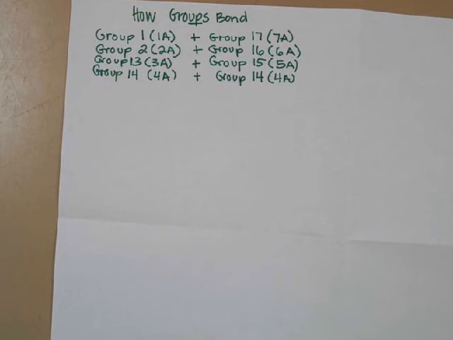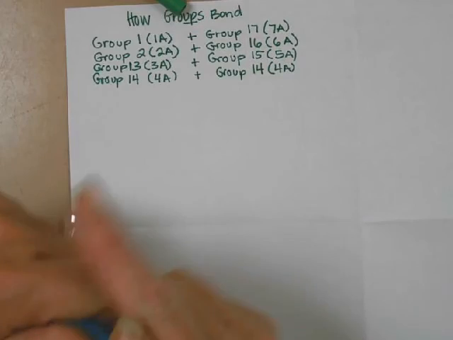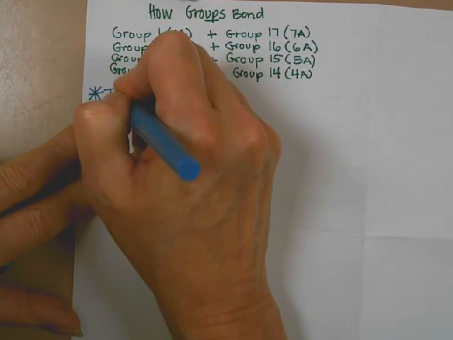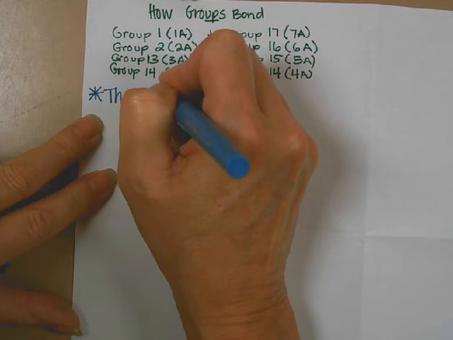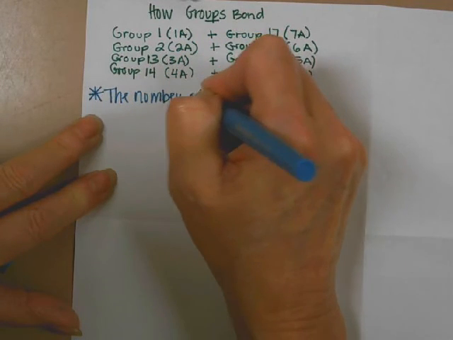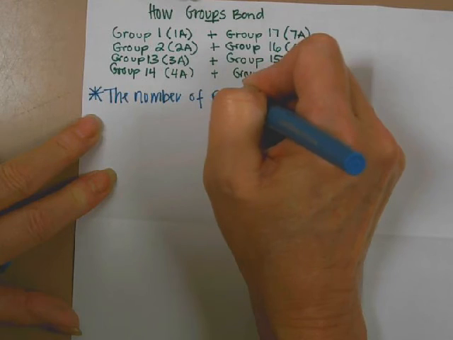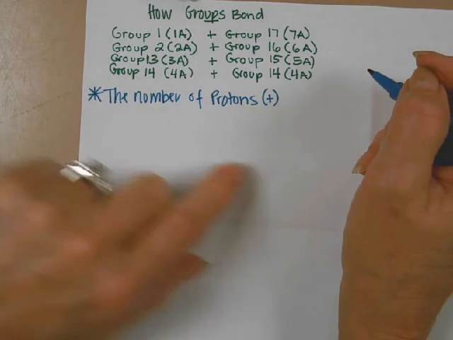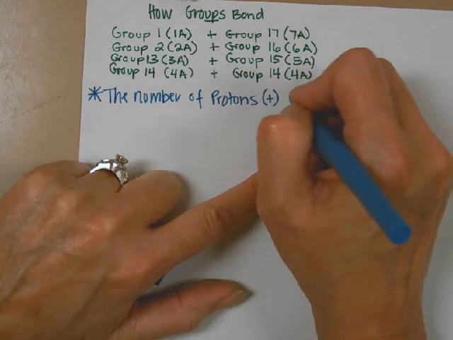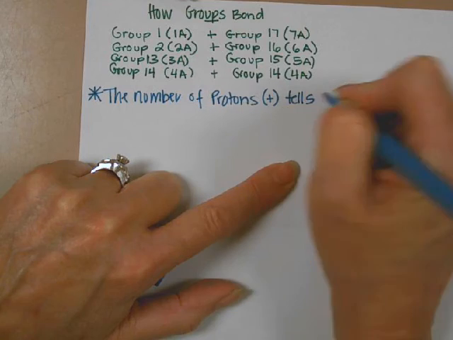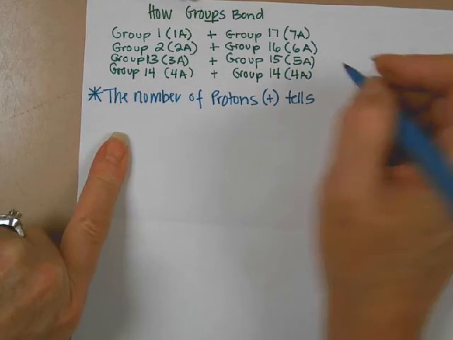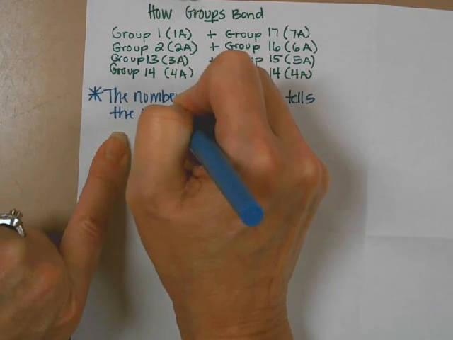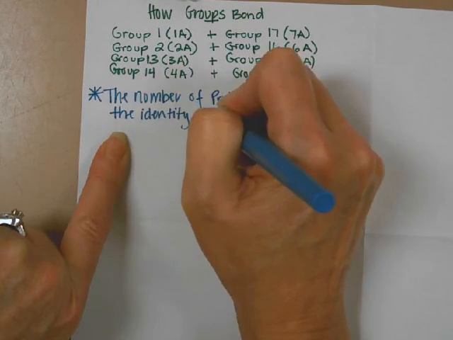The chemist says 2 things. The number of protons, the same as the atomic number, tells the identity of an atom.